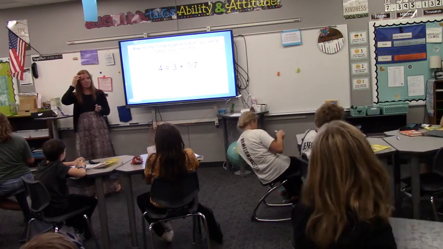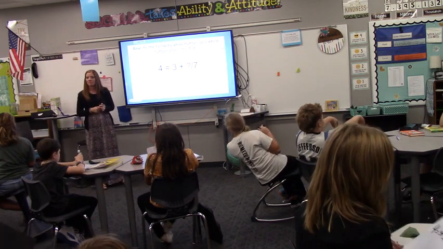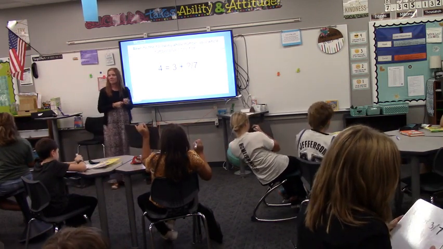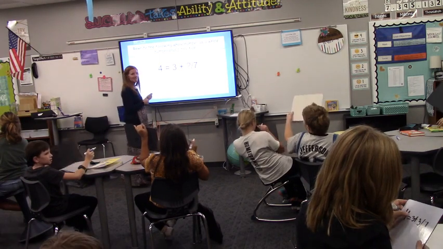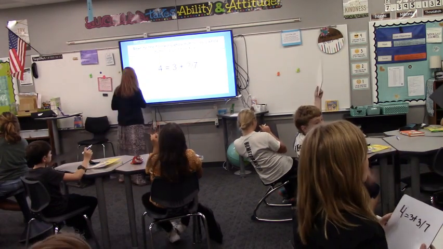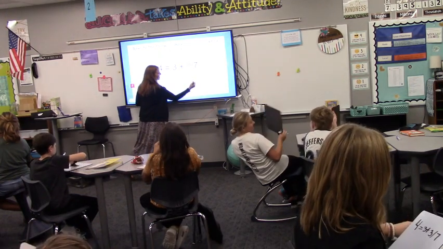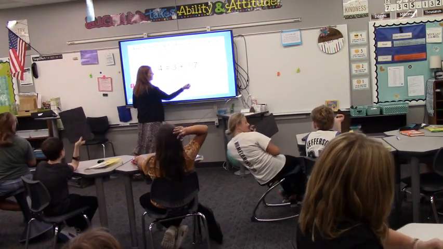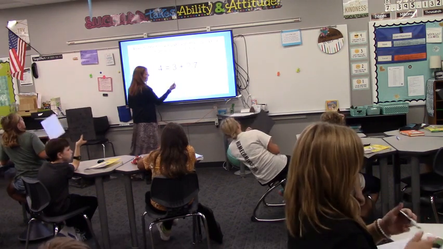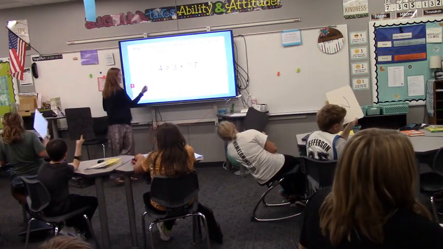Alright, show me what you got. I see some upside down sevens, but I see quite a few people saying that it would be 7/7, right? We need to make 1 whole equal 4.